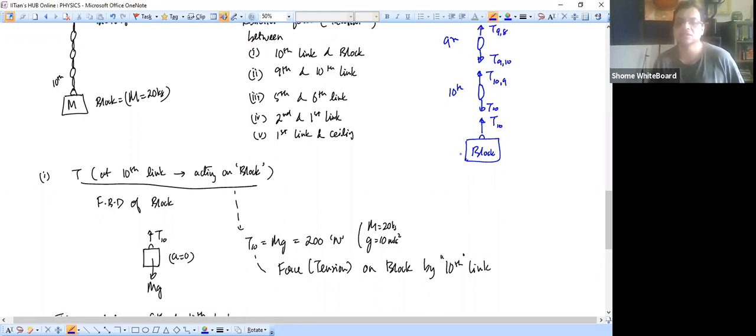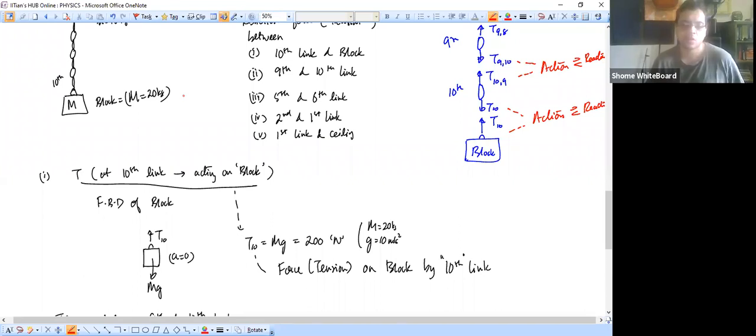In this diagram, you can see that these two are an action reaction pair. This and this, they're an action reaction pair. Again, these two, they're an action reaction pair. Like that, between each link, it is like a normal contact force only here, but because it is between link to link of a longitudinal material like a chain, so we call it a tension only.